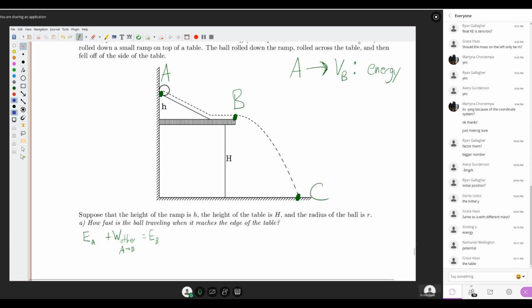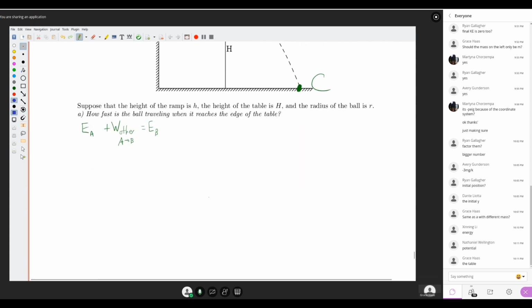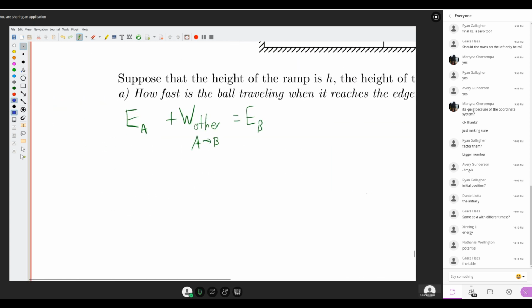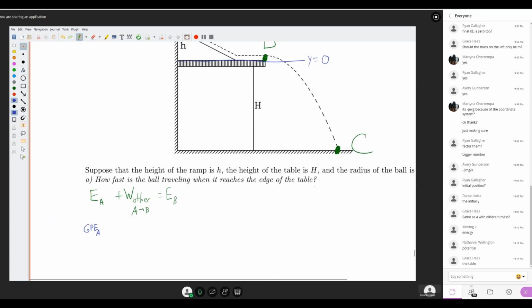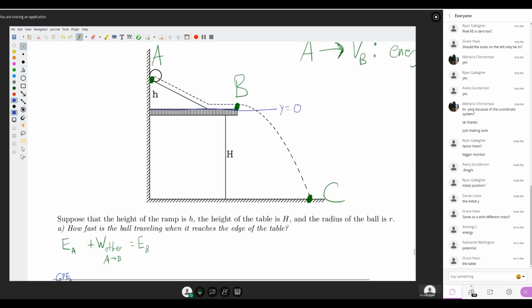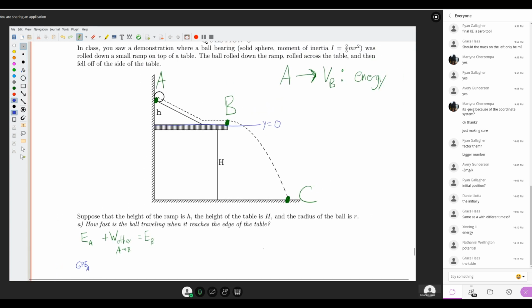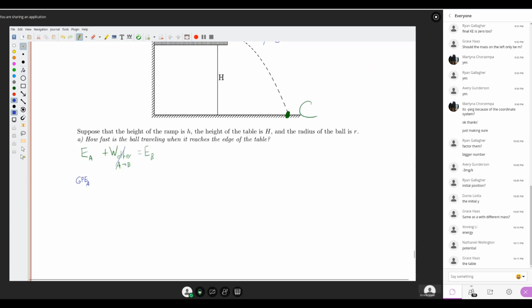Okay? So this will be y equals 0. So we have gravitational potential energy at A. We don't have any other forces doing work. We talked a bit ago about how, yes, there is static friction present when something rolls on a ramp, but that doesn't do any net work. So there's none of this.